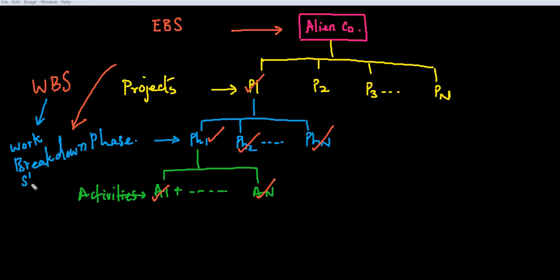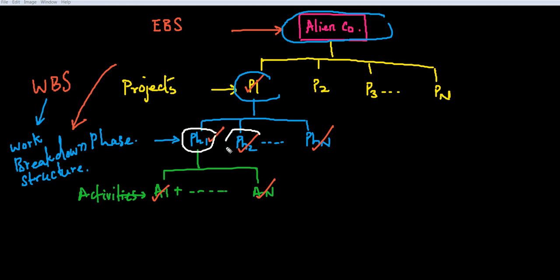Beautiful. So this is the enterprise level and this is the project level. Anything below this is all project level: phase 1, phase 2, and so on, phase N. This is the main principle. You have to understand this to learn Primavera.